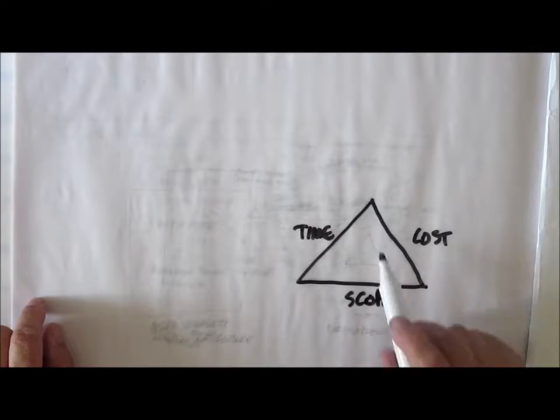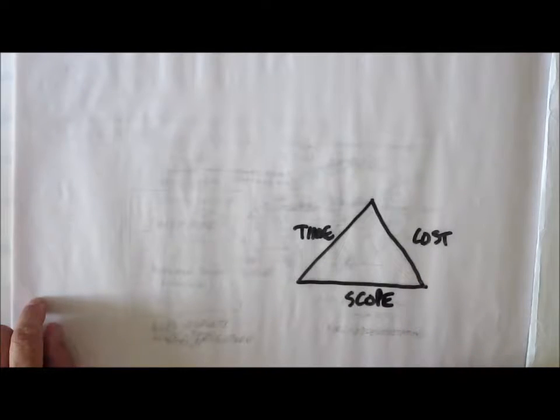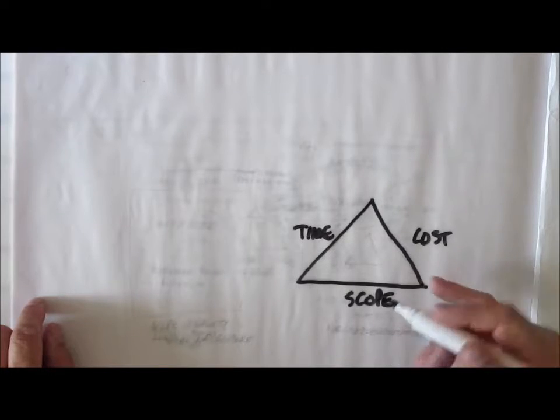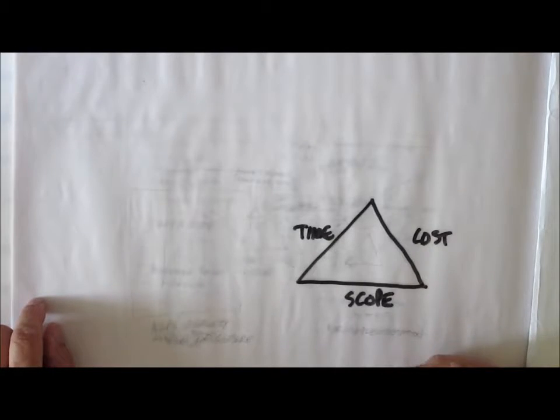Anything that moves beyond those boundaries is a creep on scope, for example, is over budget on the cost, or is delayed on the time.